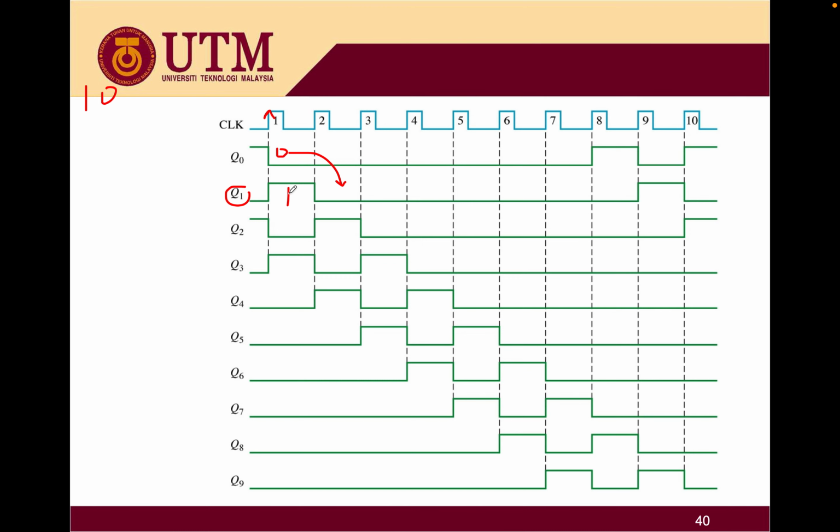It will be a 1, and it will shift to here, and this one will be shifted to this, similar to the Q3. This one will shift to here.